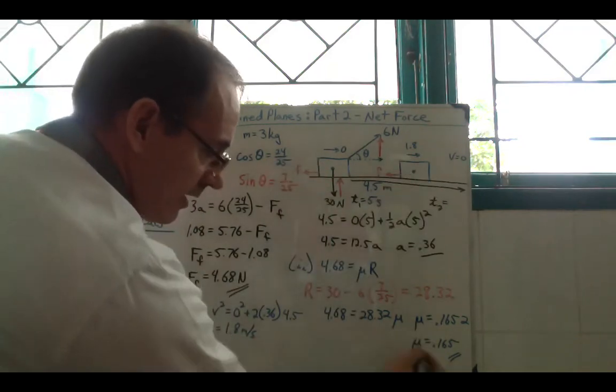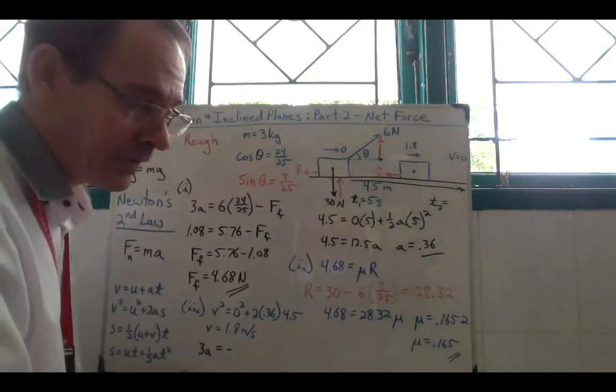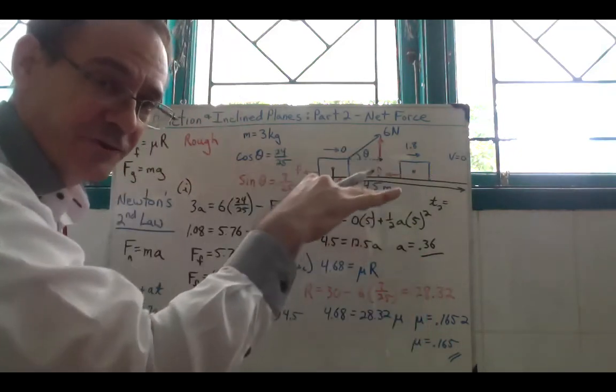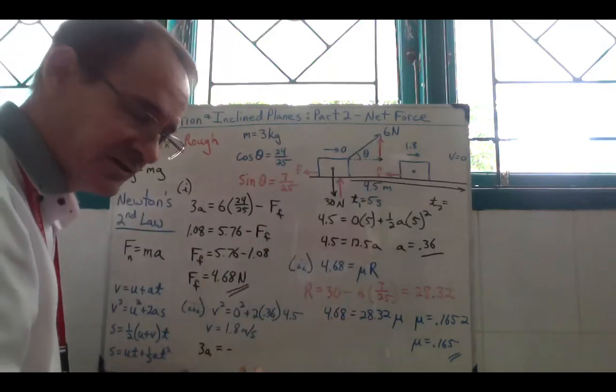We already figured out the coefficient of friction, which, by the way, will stay the same because that has to do with the surface. So the surface hasn't changed, it's the normal contact force that changed.